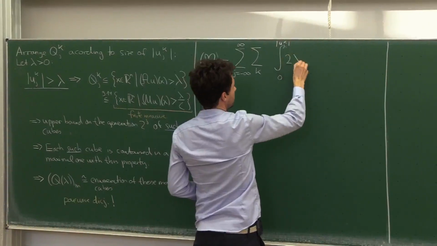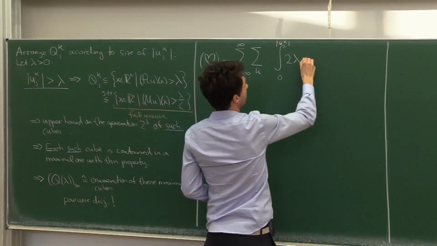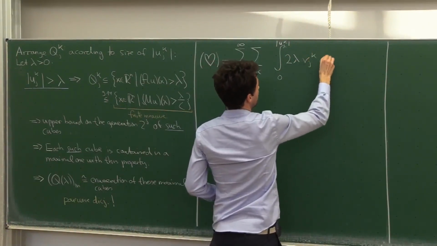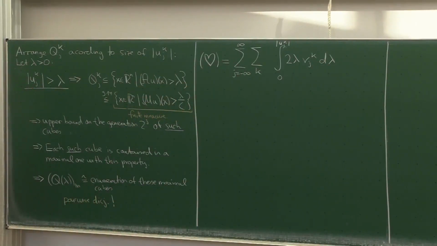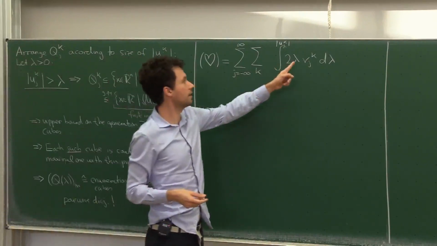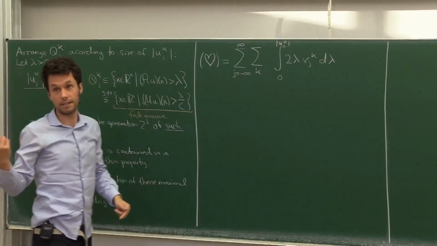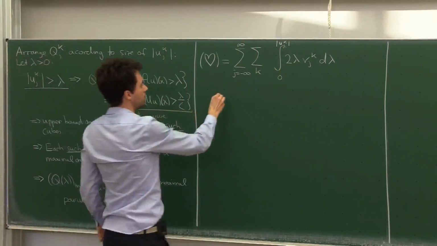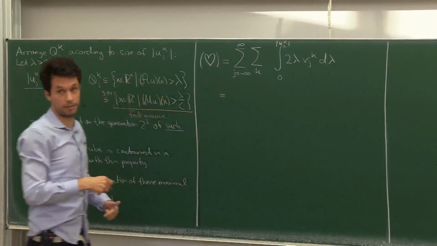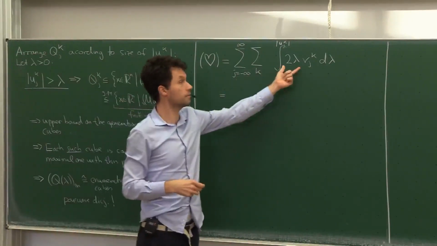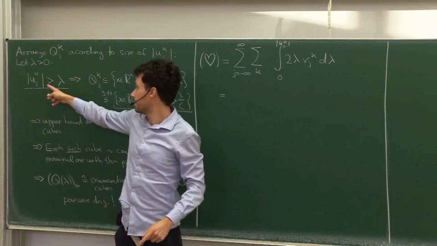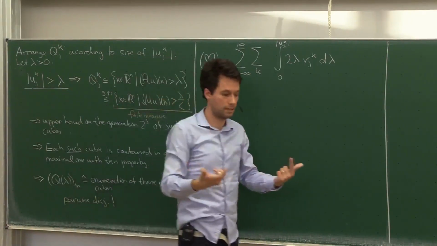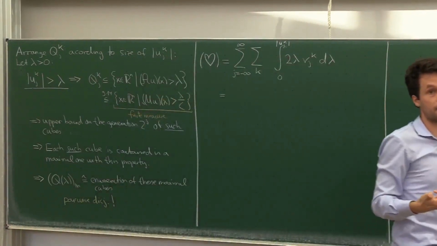I take the derivative of the square function and I leave the constant where it is and I say d lambda. So through this integral, I introduce the parameter lambda, and now I'm going to use monotone convergence in order to see that this way of introducing the lambda perfectly fits with the idea that I should order the cubes according to the size of the average.